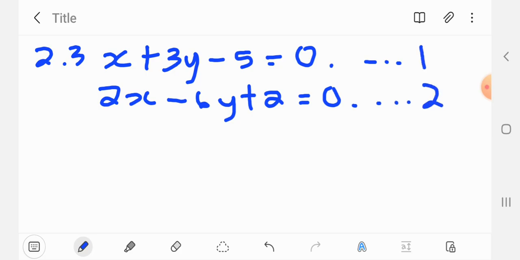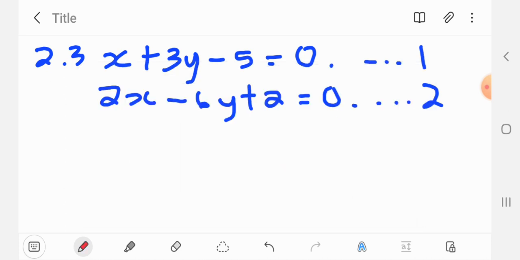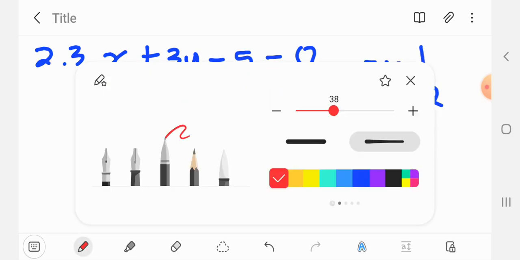So we are going to use the substitution method. It's the easiest. If you know elimination, it's not a problem, but I prefer substitution. It's quite easy. So we need to make x or y the subject of the formula. So we need to find where x or y is by itself. This x is by itself. We don't have another y that is by itself. So I'm going to make use of that one.